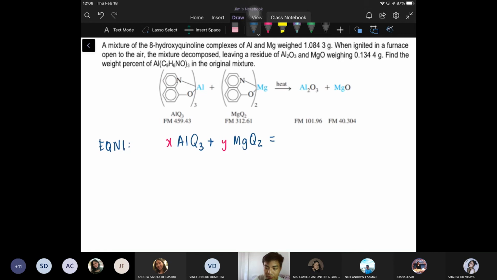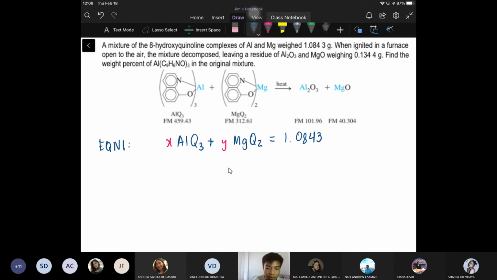Ang total niyan will be 1.0843 grams. So, ito yung first equation. Yung sum daw ng dalawang mass ng complexes na to ay equal sa 1.0843. So, I let aluminum be my X and magnesium be my Y na magnesium quinoline.